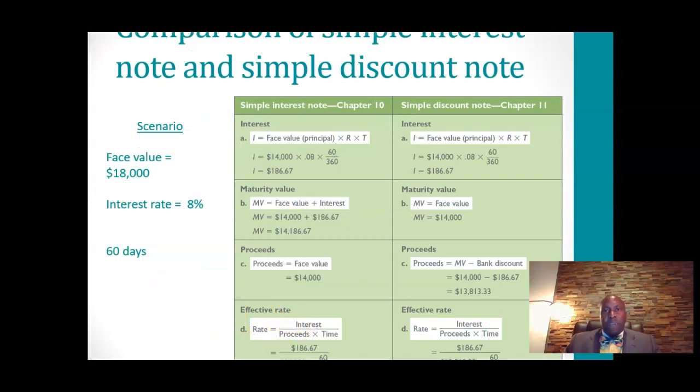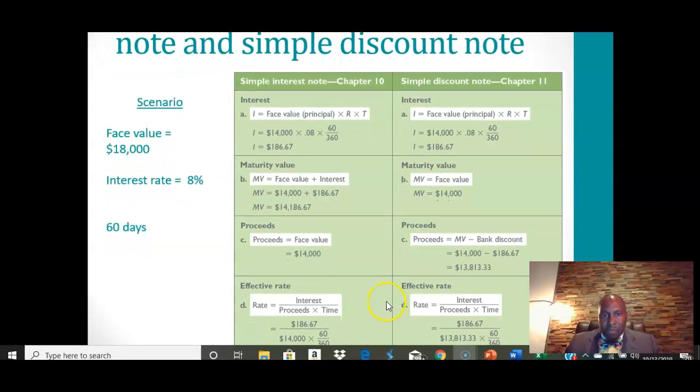Now, if we compare a simple interest note that we covered back in chapter 10 to a simple discount note, from the interest standpoint, it's the same calculation, right? Interest is principal times rate times time. Notice you have the same amount of interest on the simple interest note and the simple discount note.